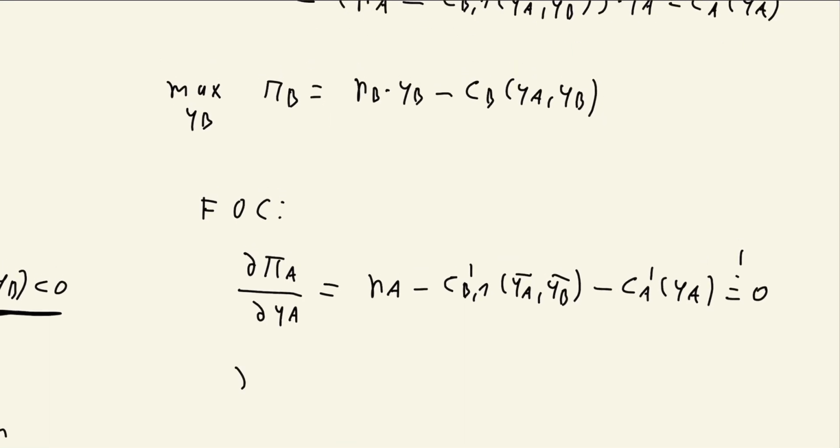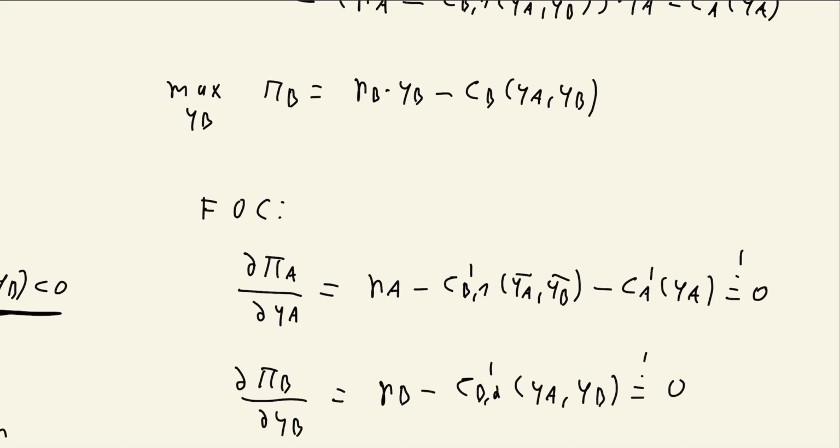And as a second first order condition, we have PB minus CB2 prime of YA, YB should be equal to 0.